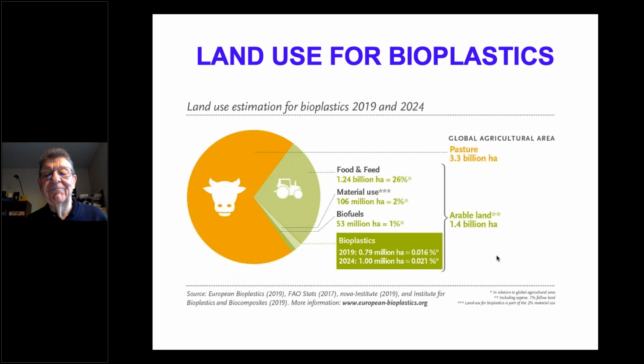PLA had a very low heat distortion temperature. It was difficult at that time to process because it needed totally different processing conditions from polyolefins, for example. And its physical properties were poor.